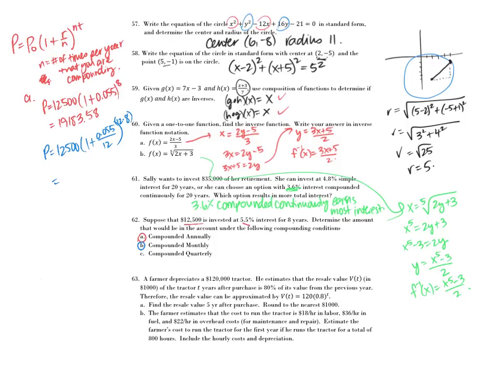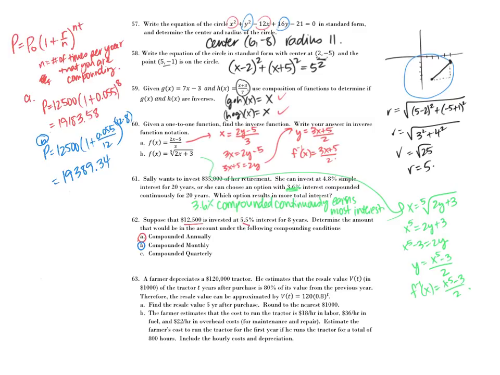And so I got $19,389.34 if we round up. Okay, and then the next one, so that was B.